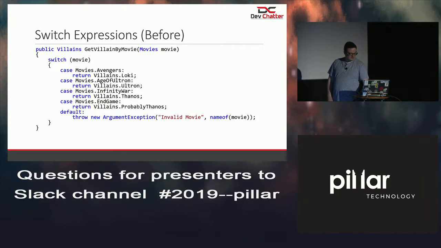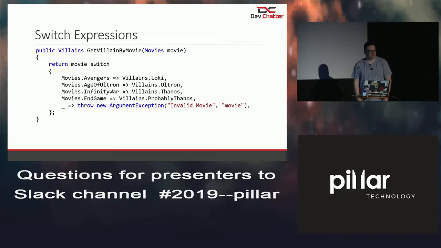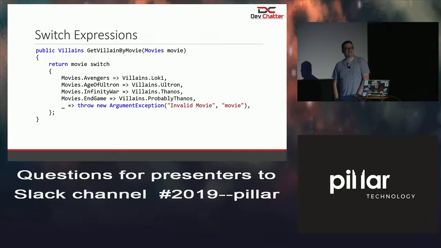If we want to write this in the new way, you'll notice we wrote the word case and return a lot, didn't we? Literally, the new way is basically just remove all the cases and return back the result of the switch expression. So I now have a single return before the word switch on that first line of the method there.